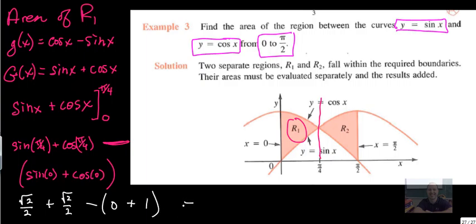Yep, very good. So we have 2 root 2 over 2, which is just root 2, minus 1. Root 2 minus 1. For this area right here, that's area 1, region 1.